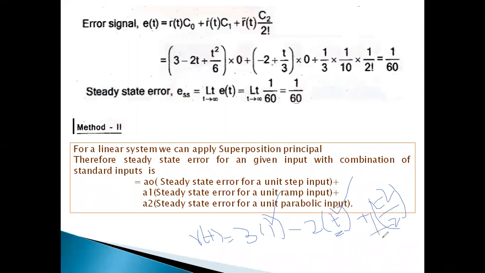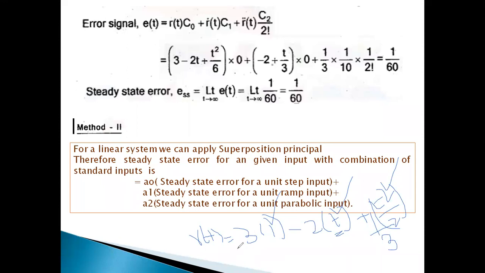So 1 by 3 into, so it is a combination of unit step, unit ramp, and unit parabolic inputs. If the problem is given in that fashion, for a linear system, we can apply superposition theorem. Therefore, the steady state error can be calculated if it is a combination of standard inputs.